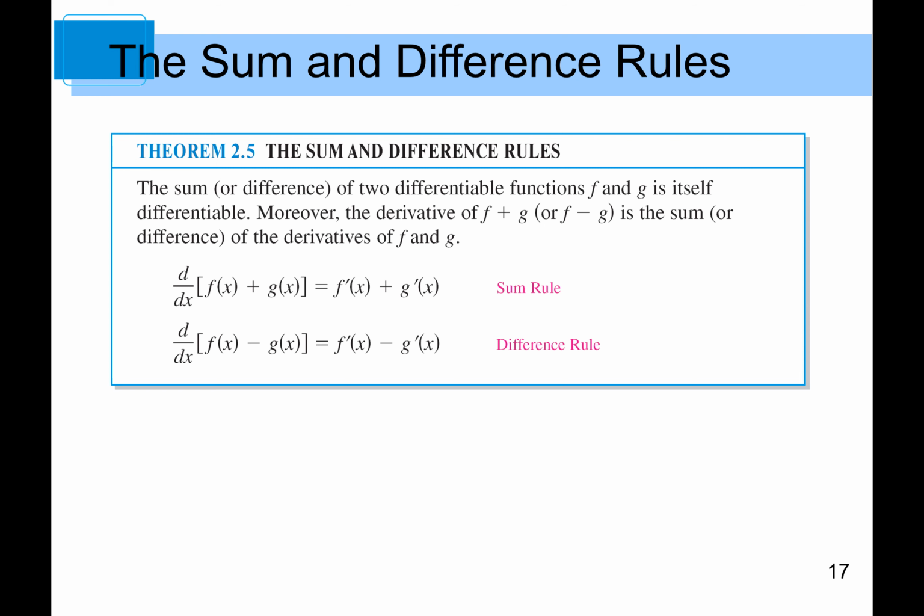So the sum rule, when we combine function f of x and g of x and take the derivative, you can just take the derivative of f of x, f prime of x, then add the derivative of g of x, which is g prime of x. Okay. Similarly for difference rules, when you take the difference of two functions and take the derivative, you can take the derivative first and apply the difference.